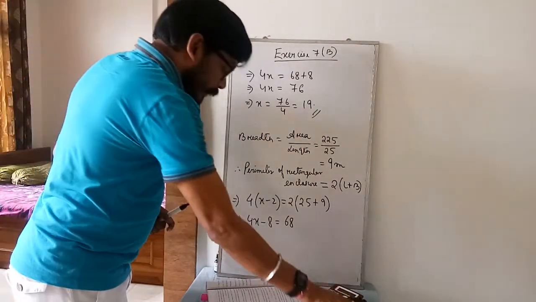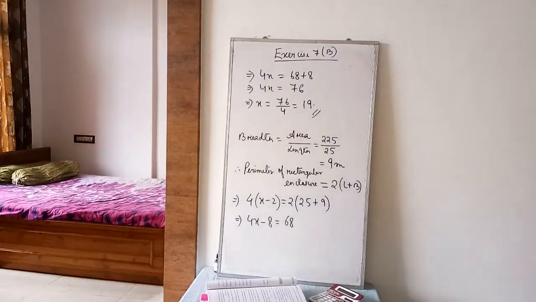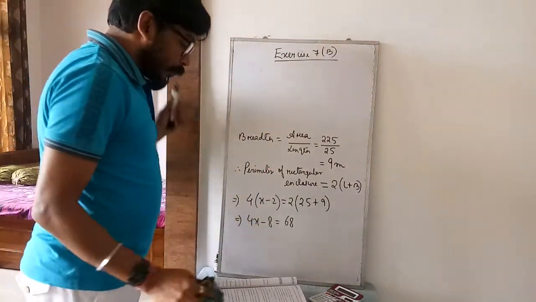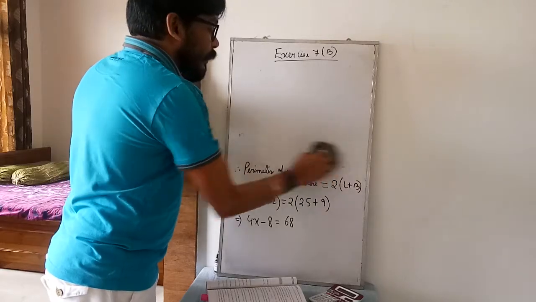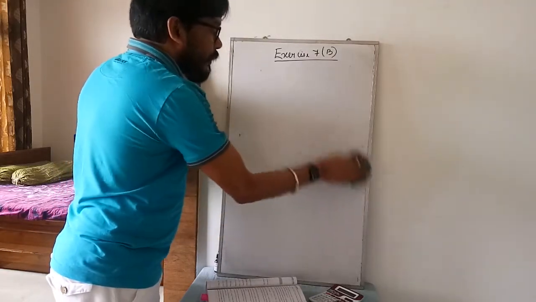Okay. Now question number 15. Let me read out the question first. Madhu's flower garden is a square. Madhu is having a flower garden in the shape of a square.